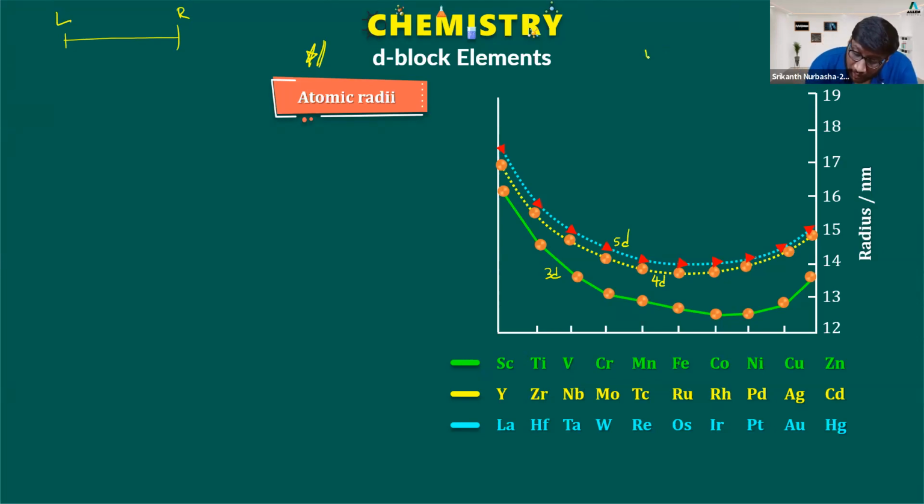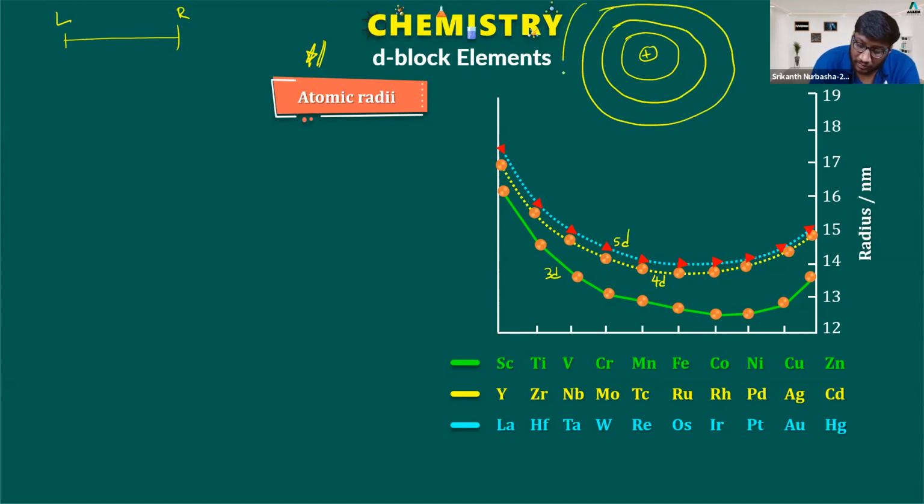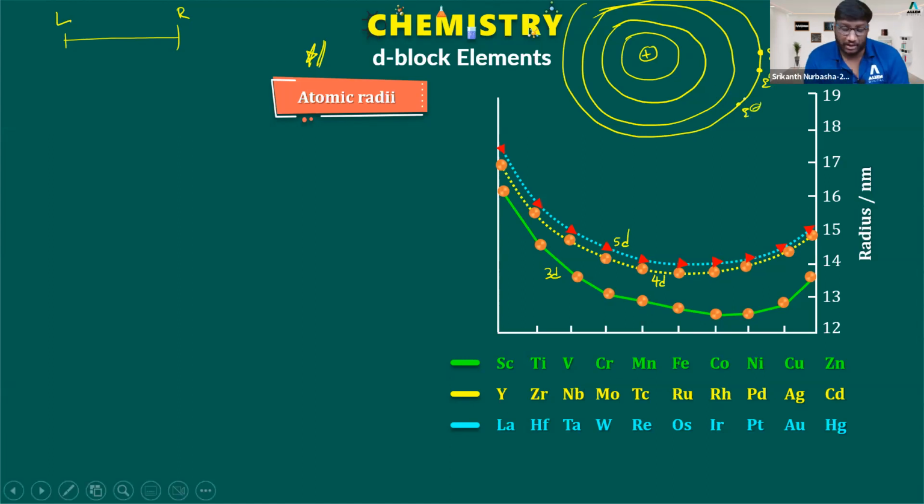That means we have an atom, and at the center we have the nucleus. We have first shell, second shell, third shell, like this we have different shells. Let us say this is the outermost electron, and in the same outermost shell you are adding electrons.